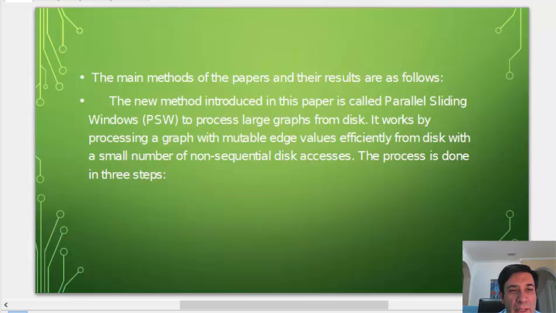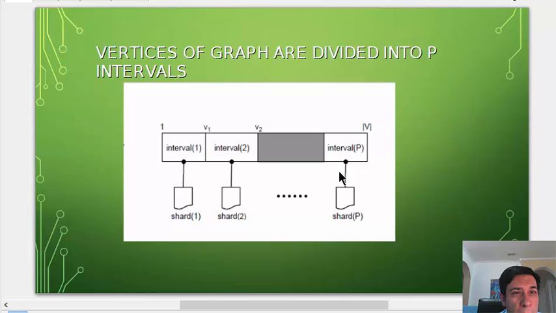The process is done in 3 steps. In the first step, it loads a subgraph from disk. In the second step, it updates the vertices and edges. And finally, in the third step, it writes the updated values to disk.